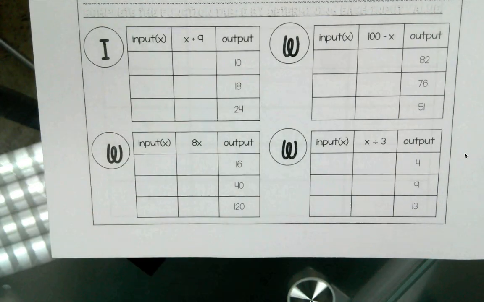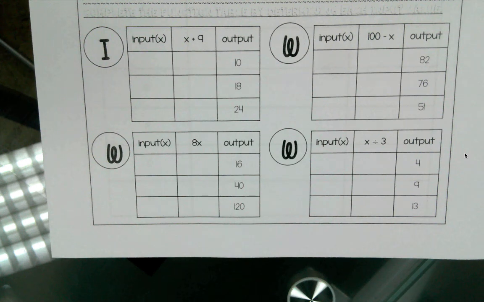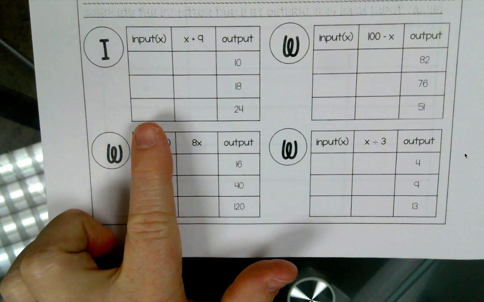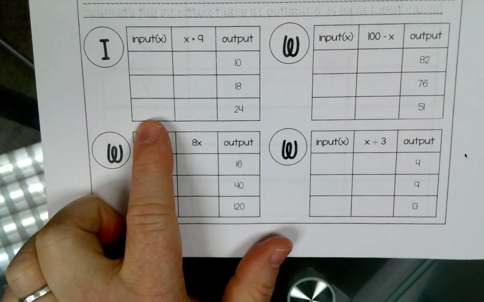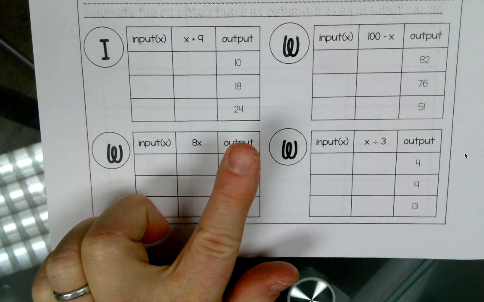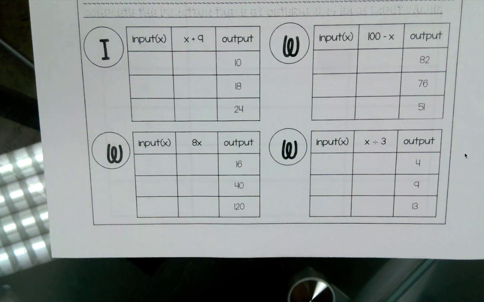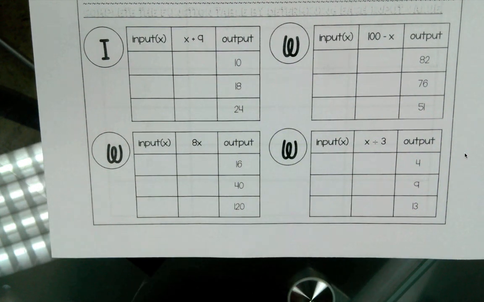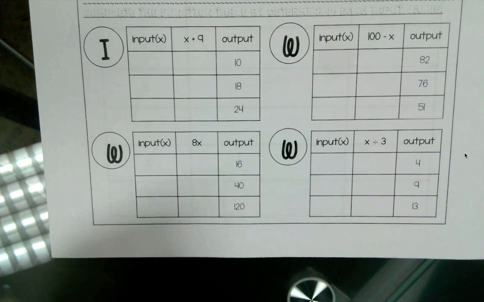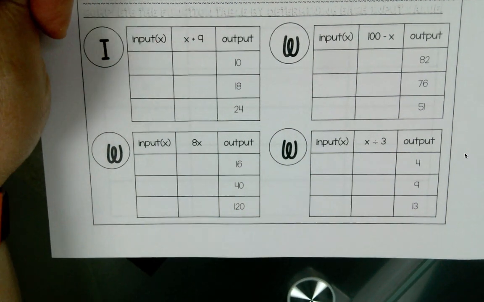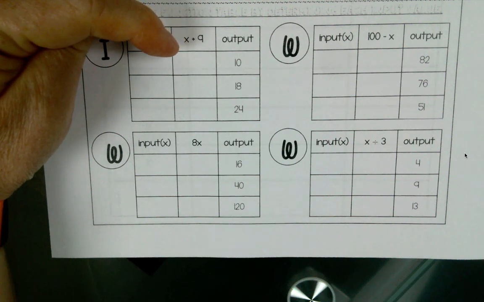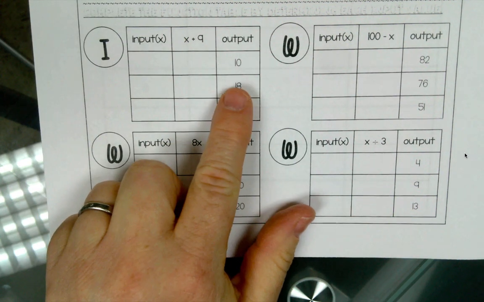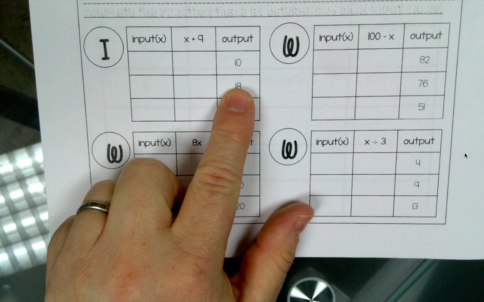Moving on to the bottom here, now I want you to notice the difference. This time, we don't have our input. All we have is our output, okay? So when we are given an output, we need to perform the inverse operation. So if I'm adding 9 to x, I'm going to subtract 9 from my output, okay?